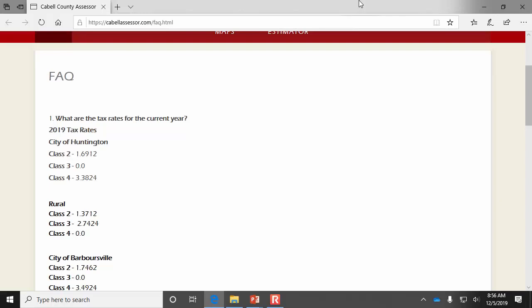Once you multiply it by 60%, that gives you the assessed value. And then we multiply it by 1.3746 divided by 100. So on an annual basis, the tax that's due is $1649.52.